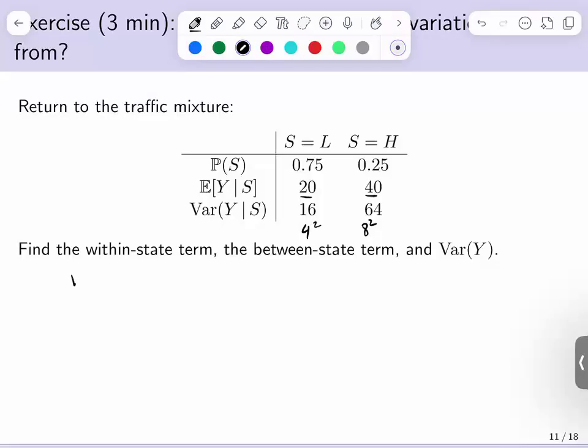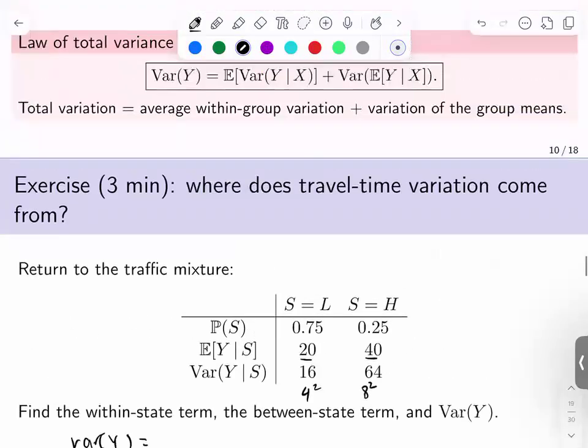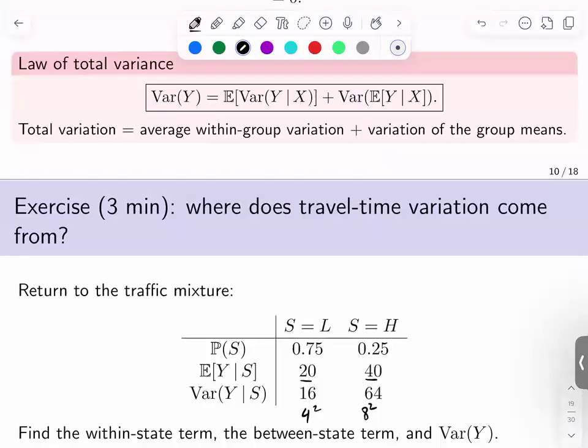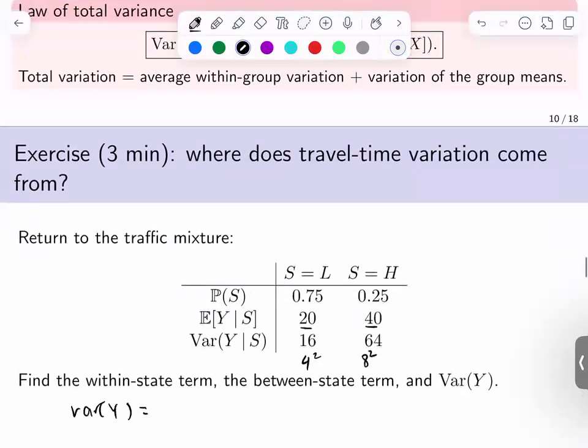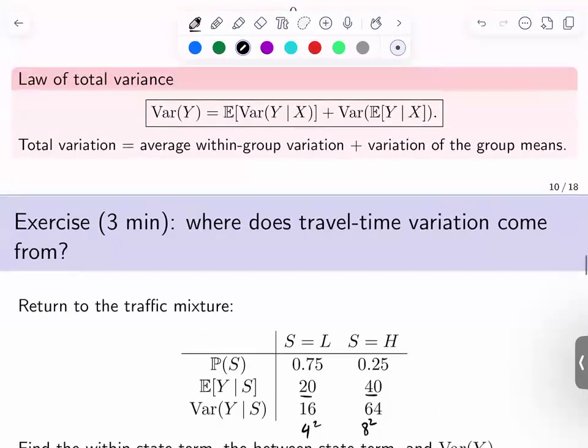So I have the variance of y. I want to compute these two terms basically, right? So I need to calculate the expectation of the variance and the variance of the expectation.